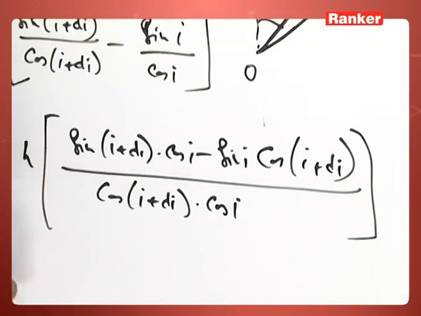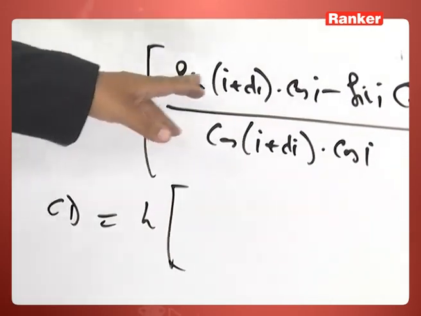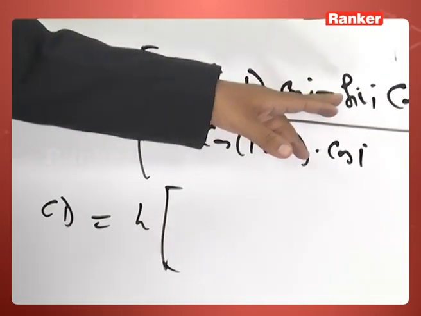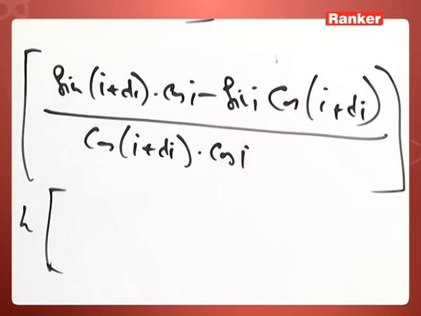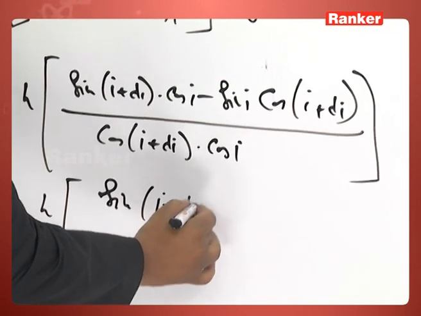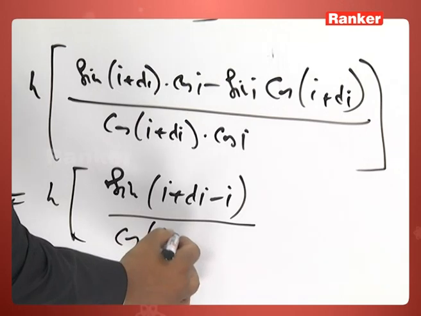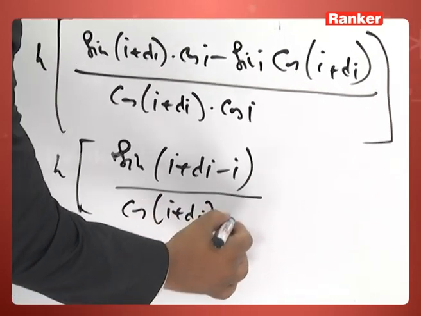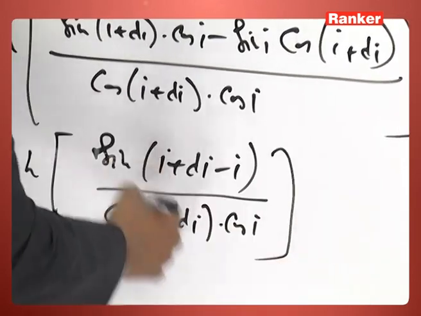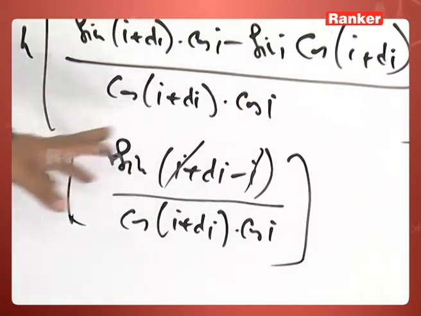This is sin A cos B minus cos A sin B. So we will write this as sin((I plus DI) minus I) by cos(I plus DI) into cos I. So we got some simplified result. This I gets cancelled.